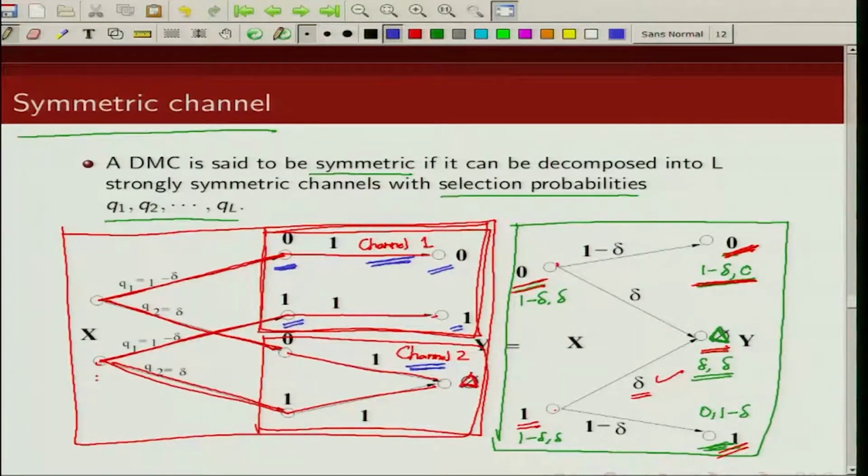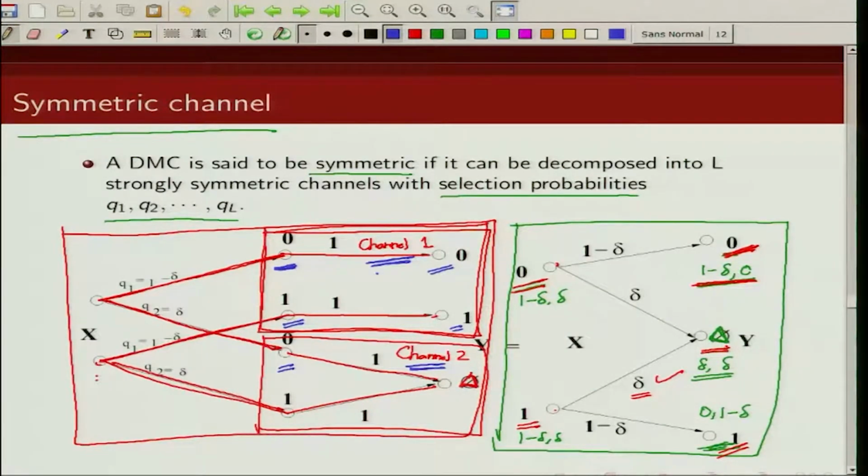Similarly, channel 2 is obviously uniformly focusing because there is only one output, and it is uniformly dispersive also because the probabilities are 1 and 0 when arranged in decreasing order. So channel 1 and channel 2 individually are strongly symmetric channels, and you can think of it as selecting channel 1 with probability 1 minus delta and channel 2 with probability delta.